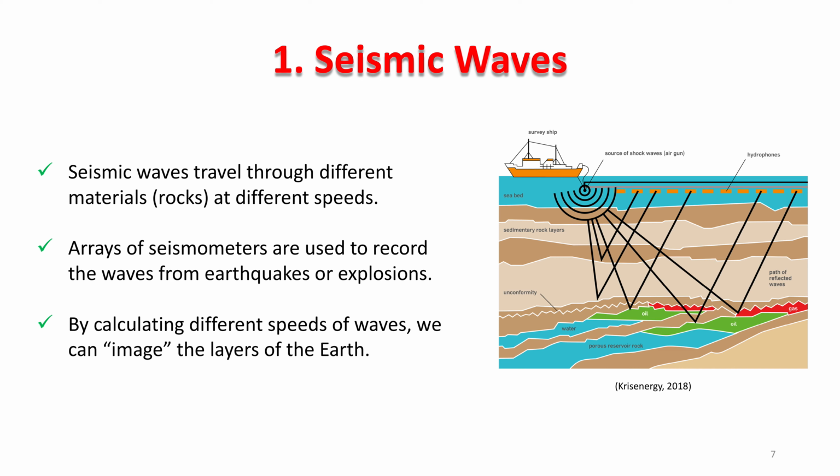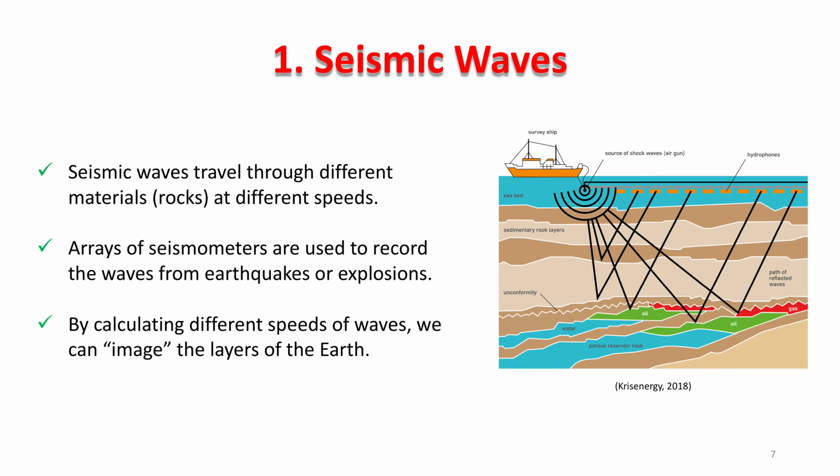Here I've listed two, earthquakes and explosions, but there are many more. By recording these signals in arrays, there are techniques through which we can calculate the speed in different materials, the different structures within the Earth, and sort of just like a CAT scan, try to image the layers of the Earth.